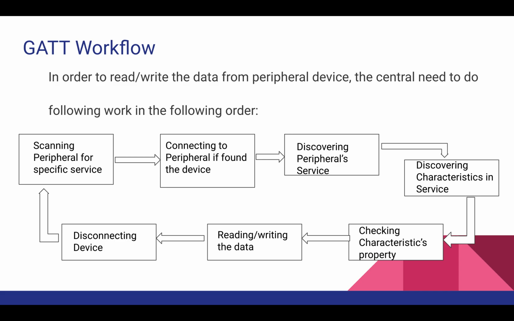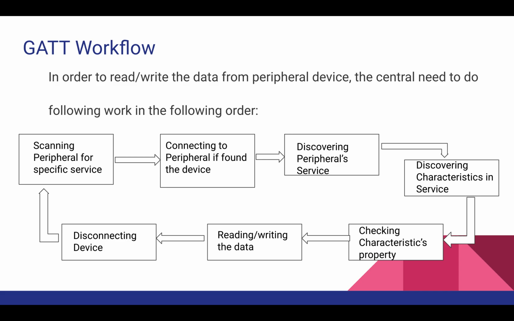So now let's talk about the peripheral scanning, the first step. If we know the UUID of that service in advance, the central first needs to search for the peripheral which contains the service of the given UUID. When it performs the search, the central can find many devices which have turned on their Bluetooth.